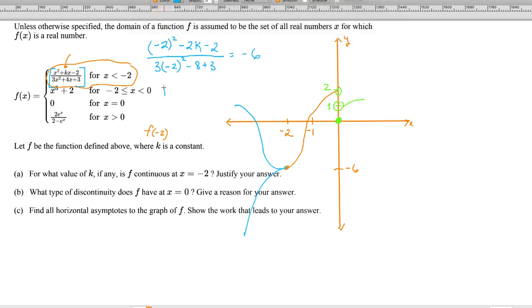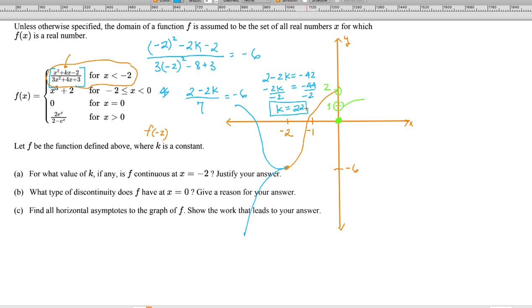So I get 4 minus 2 is 2, so 2 minus 2k over 12 minus 8 is 4, plus 3 is 7, equals -6. Then I multiply by 7 and get 2 minus 2k equals -42. I subtract 2 on both sides and get -44 equals -2k. Hopefully I did my arithmetic correctly, but if not, this is just the general theory. k equals positive 22.